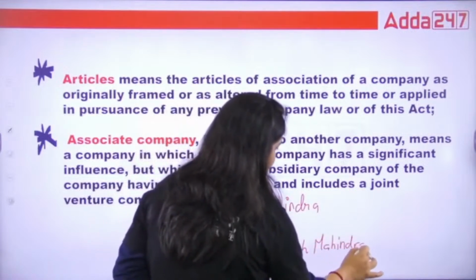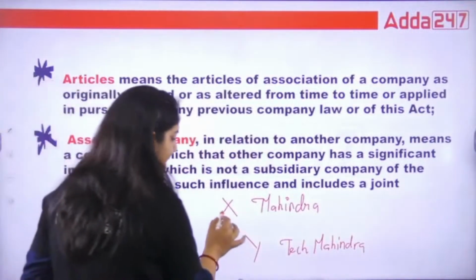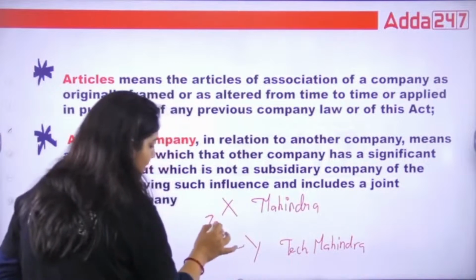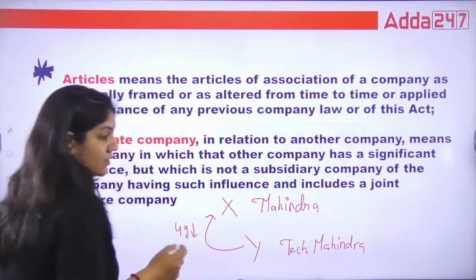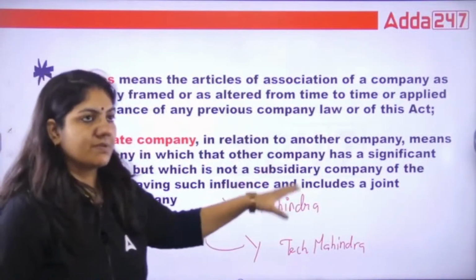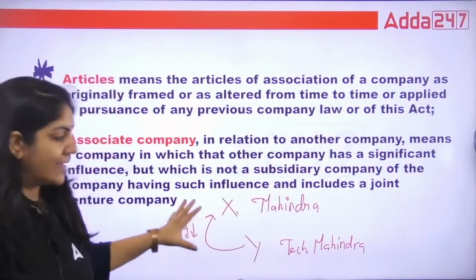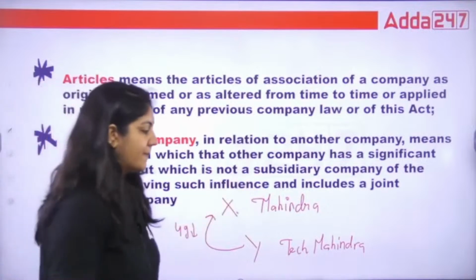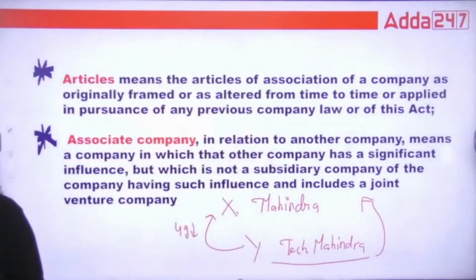So X company has taken the share of Y at least up to 49%, not more than 49%. Whether X company takes 20%, 30%, 40%, but not more than 49%. If the shares come under this, then Tech Mahindra is called the associate company. This is very important. Tech Mahindra is called an associate company.